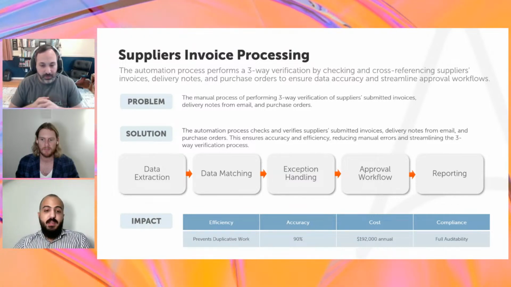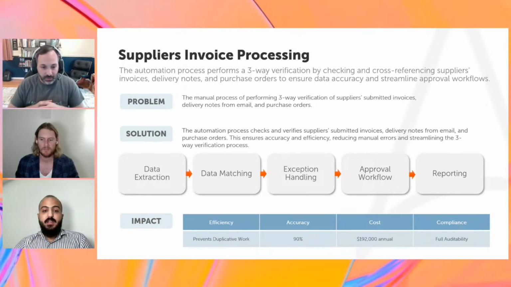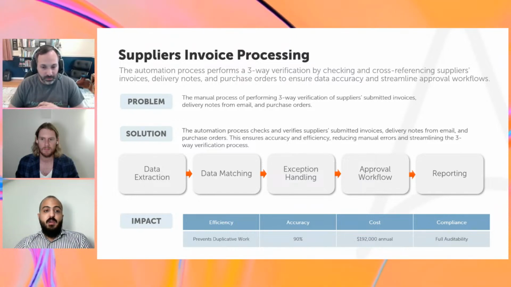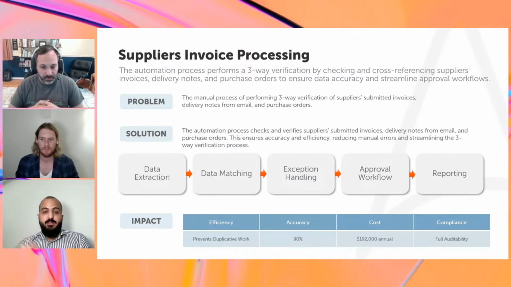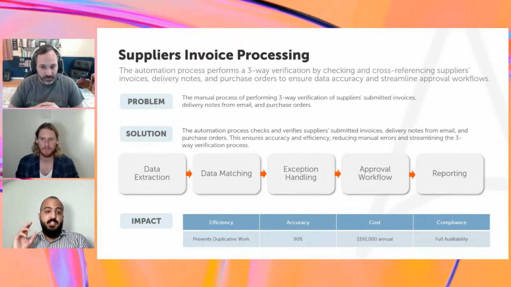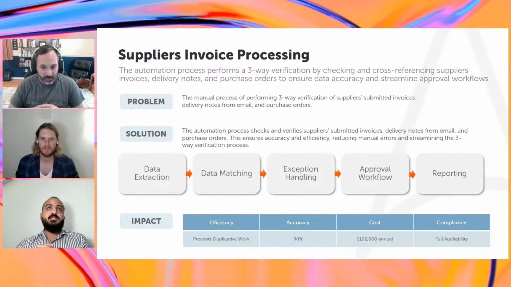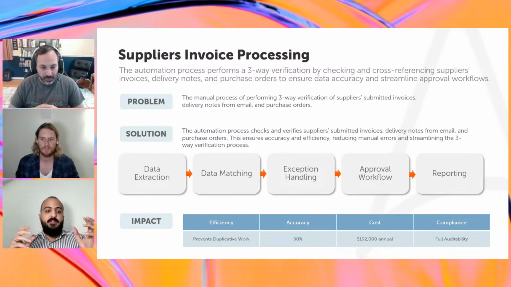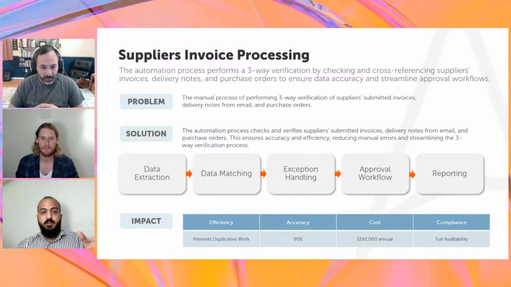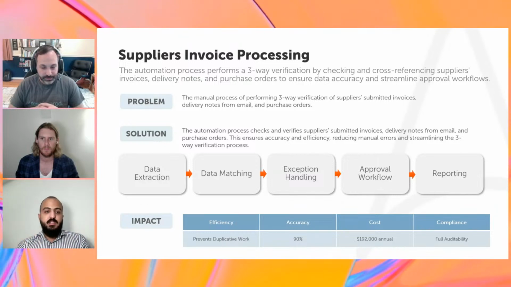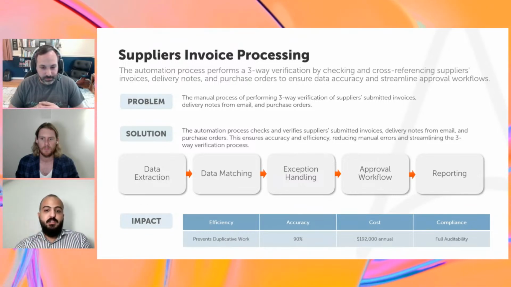The benefit and the impact we gained for this customer is 90% accuracy, and the other 10% is about matching some items. It was very hard to match because we don't have the same SKU, and we rely on the description or the SKU to match it with the invoice, PO, and the delivery note.